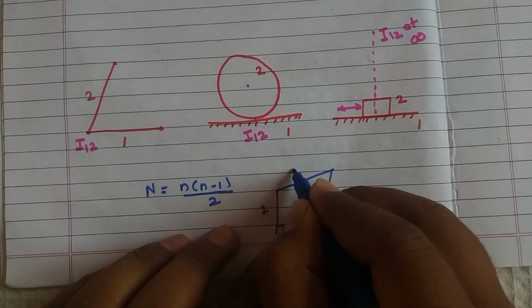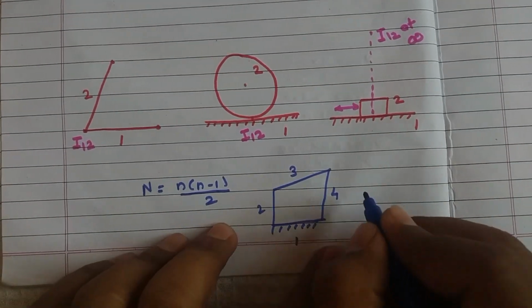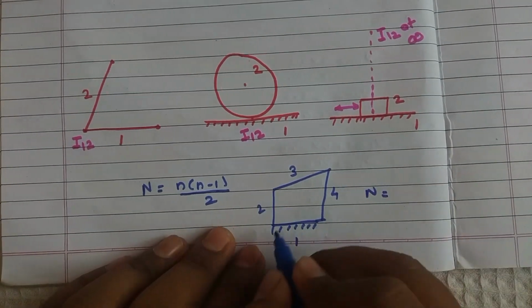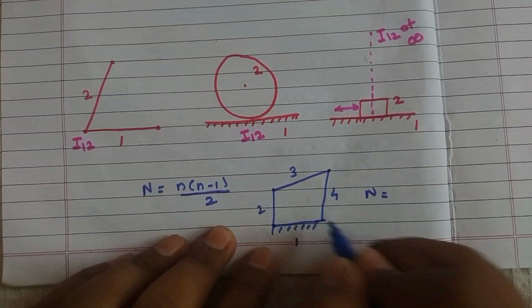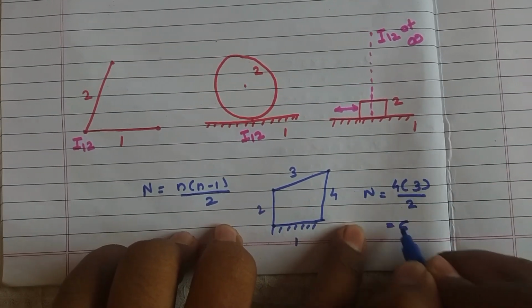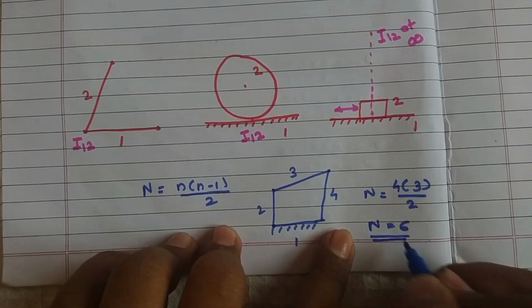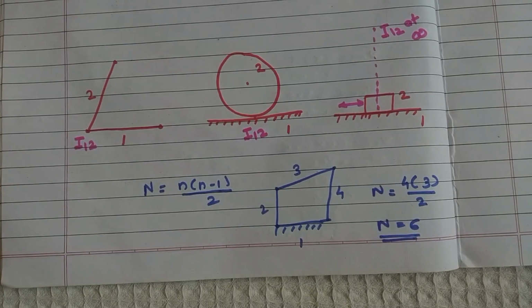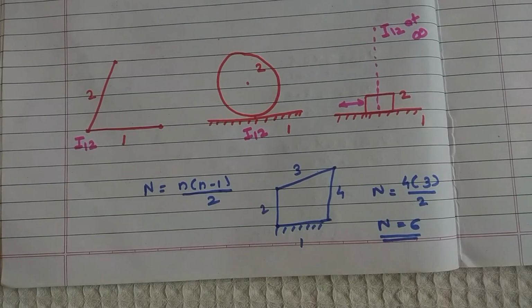So links are 4. In this case, how many instantaneous centers will be there? See, 4 into 4 minus 1, that is 3, divided by 2. So it is 6. So for a 4-bar mechanism, there will be 6 instantaneous centers, right? So this is how instantaneous centers are calculated in a given mechanism.